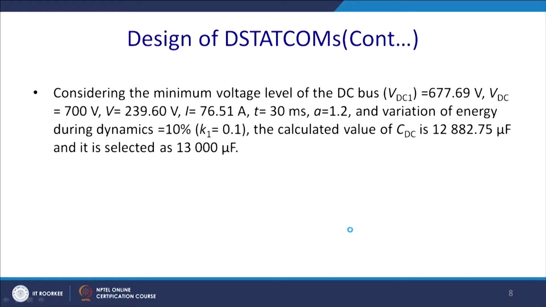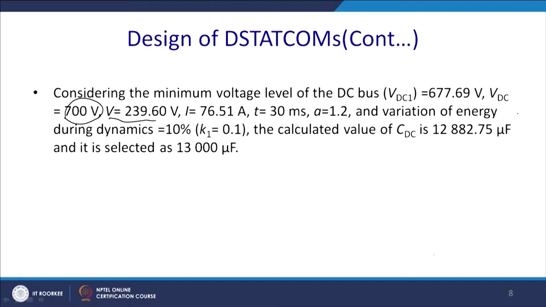So, we can put this value. Let us consider that the voltage is kept at 700 volt, considering the minimum voltage level of the receiver's voltage. So, V_DC is actually 700 volt, and we can compute the phase voltage, which is around 240 volt, I equal to 76 ampere, t equal to 30 milliseconds, and A equal to 1.2.